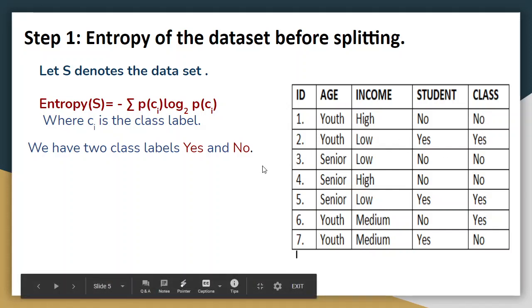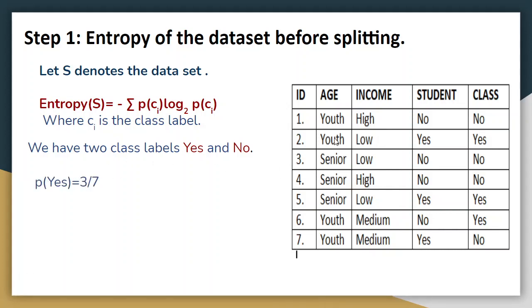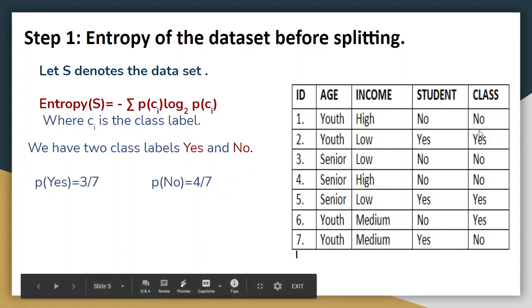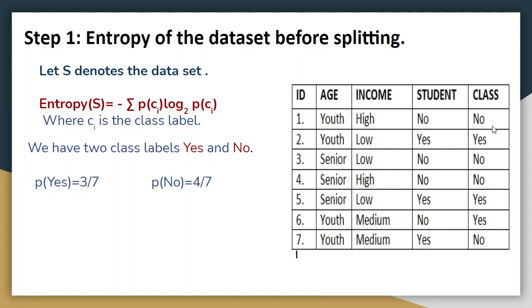First we will find the probability of class label yes, which would be 3 by 7, as there are 3 records in which the class label has its value as yes and the total number of records is 7. And the same for the probability of no, which would be 4 by 7, as there are 4 records where the class attribute has its value as no and the total number of records is 7.